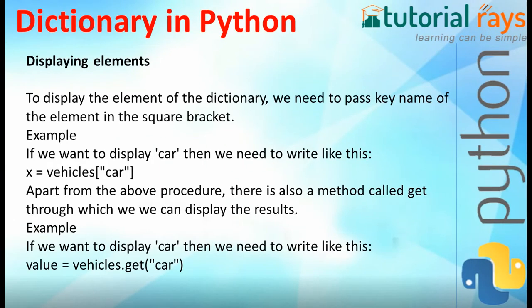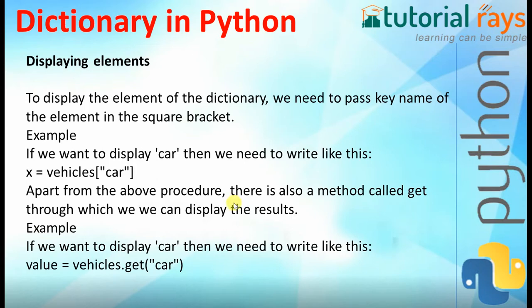To display an element of the dictionary, we need to pass the key name of the element in square brackets. For example, if you want to display car, we write vehicles car. In all the earlier examples we were passing an index like 0, 1, 2, 3, but in this case we are passing the key of the dictionary.